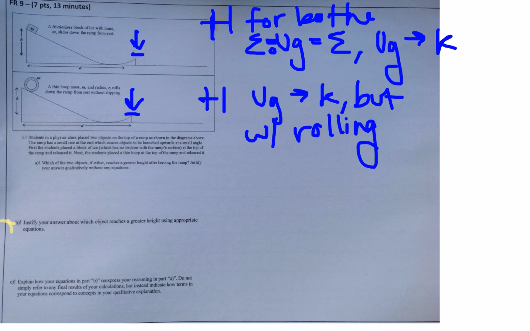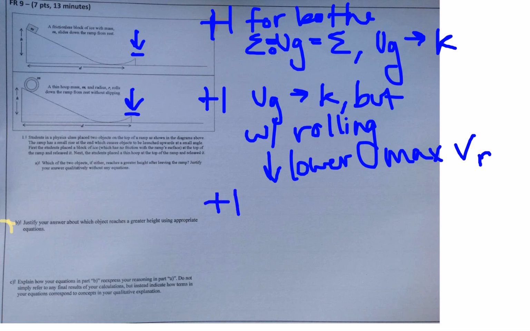So it doesn't have as high of a max velocity. So it has a lower max because of this. And that is for your rolling object.